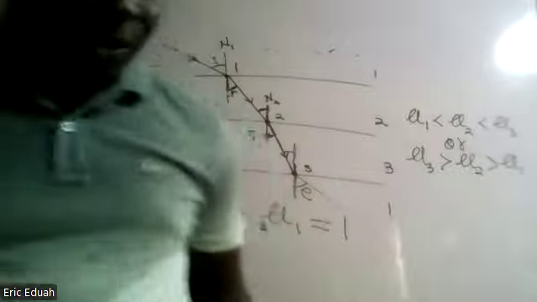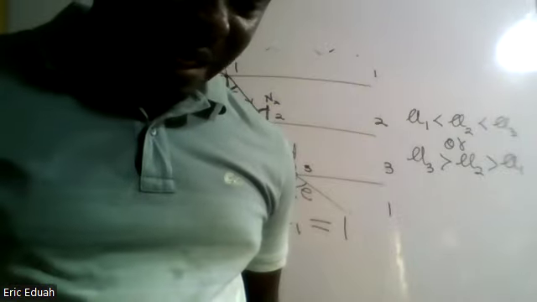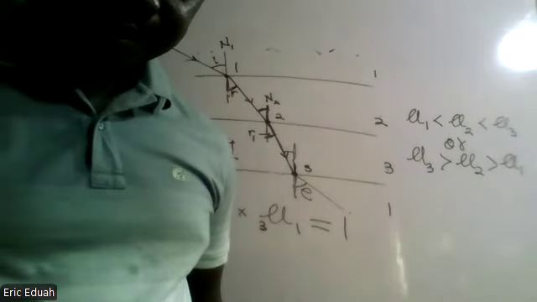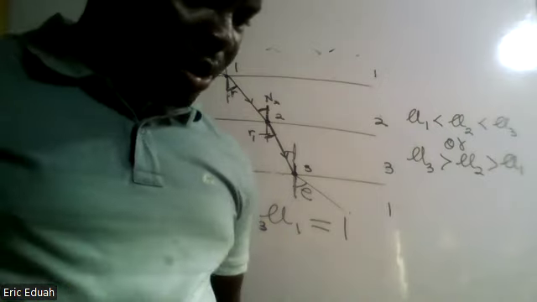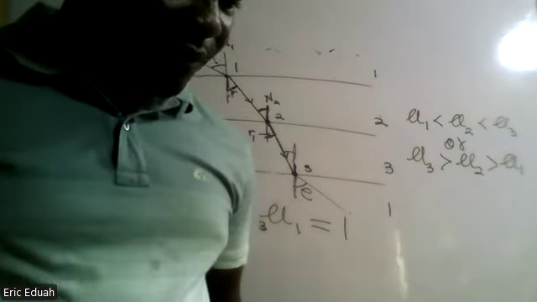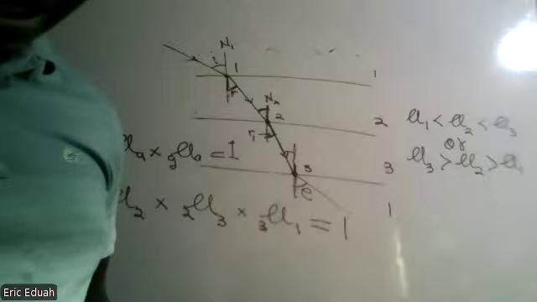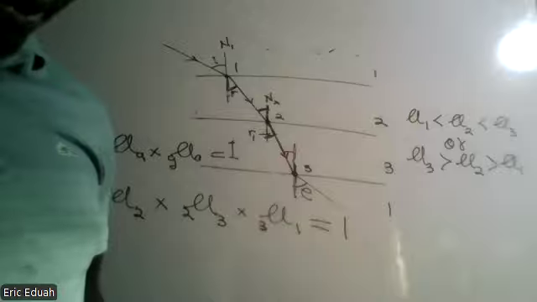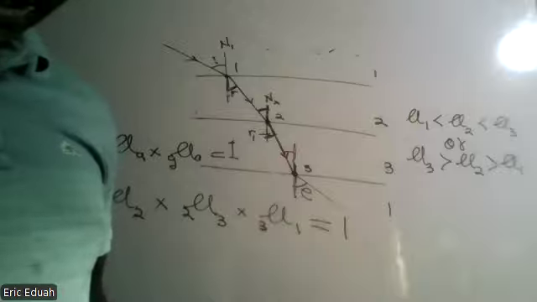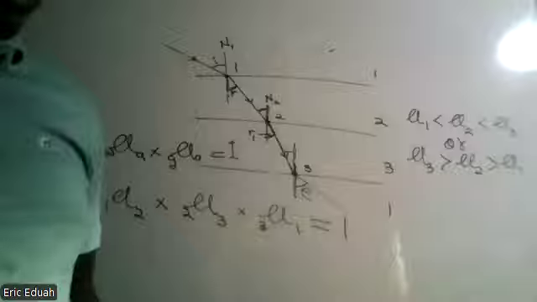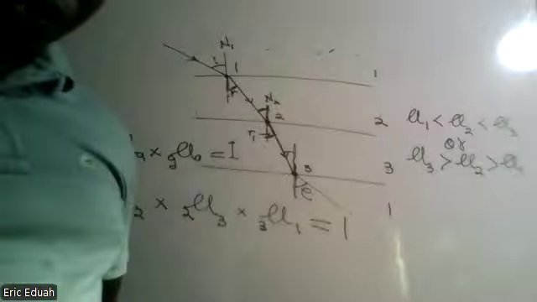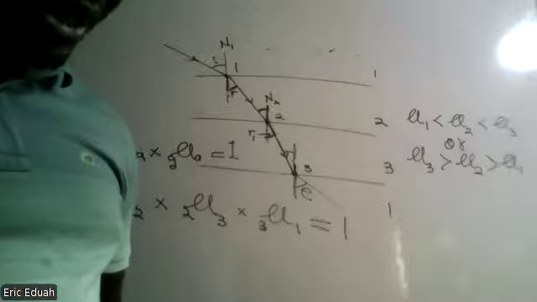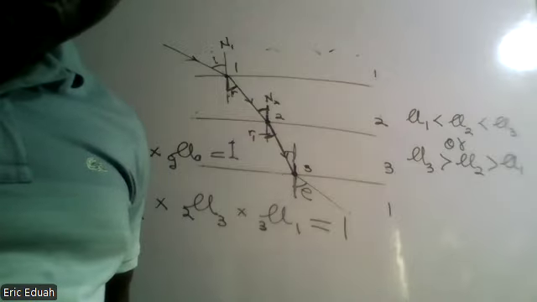Find the refractive index of water with respect to air. I'll take the question again. The refractive index of glass with respect to water is 9/8. The refractive index of glass with respect to air is 3/2. Find the refractive index of water with respect to air.